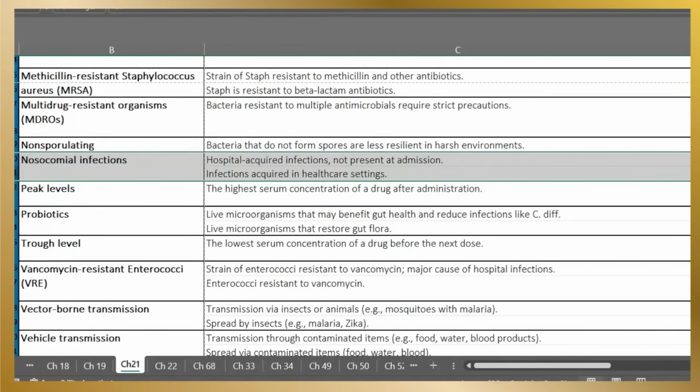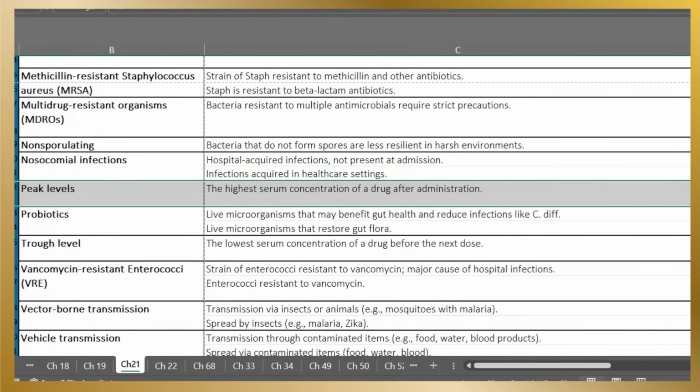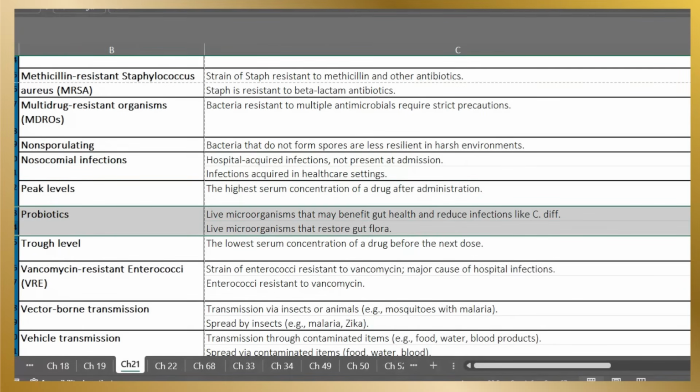The peak level, it's the highest serum concentration of a drug after administration. So peak means top level after giving a drug. So watch for toxicity here. Probiotics are live organisms that restore gut flora and may benefit gut health and help prevent infection like C. diff.